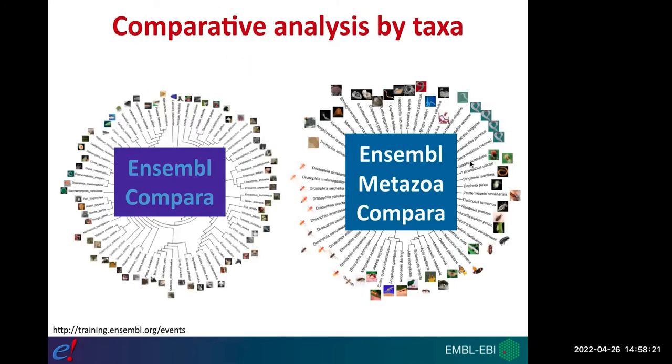All of the comparative genomics analyses that we do in Ensembl are performed within each taxa. First of all, the Ensembl comparative genomics is performed across all of the vertebrates that we have in the Ensembl genome browser. And then we perform the same analyses on each of the divisions of the Ensembl Genomes species, those non-vertebrate species, for example the metazoan species in Ensembl Metazoa.